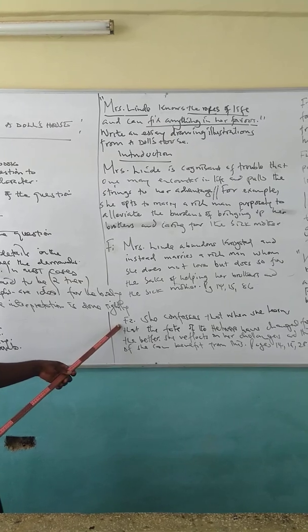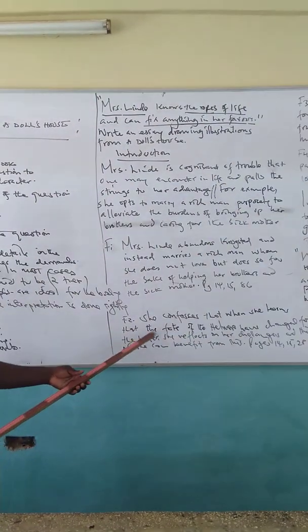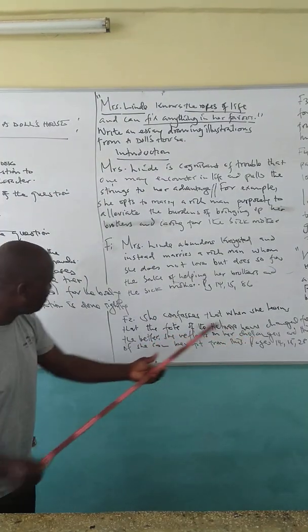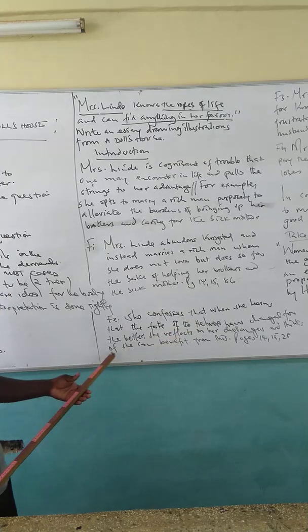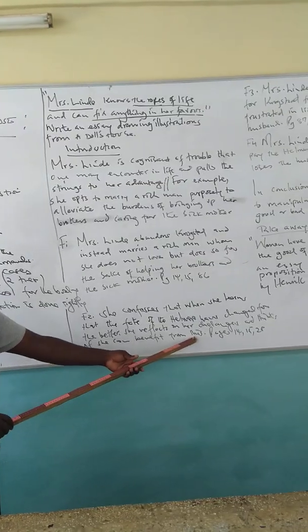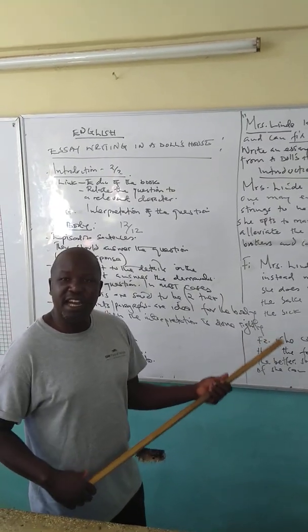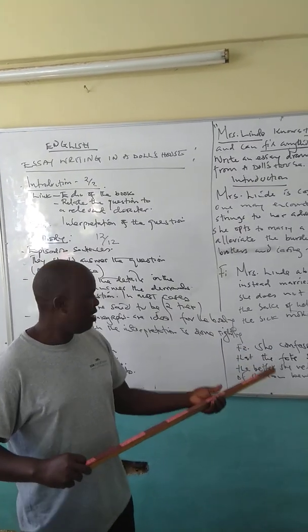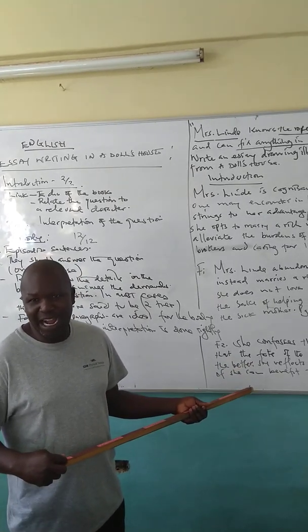Number F2 is she confesses that when she learns that the fate of the helpers have changed for the better, she reflects on her challenges and thinks of how she can benefit from this. Now, Mrs. Linde has come to the Helmers. She has just been told that Nora's husband has landed a job at the bank.